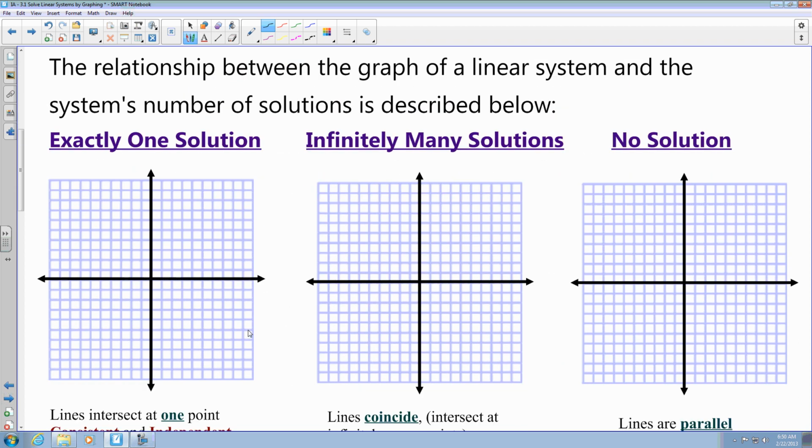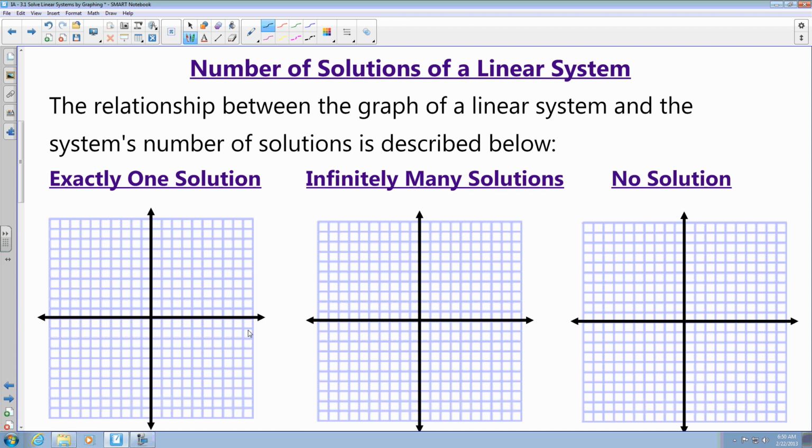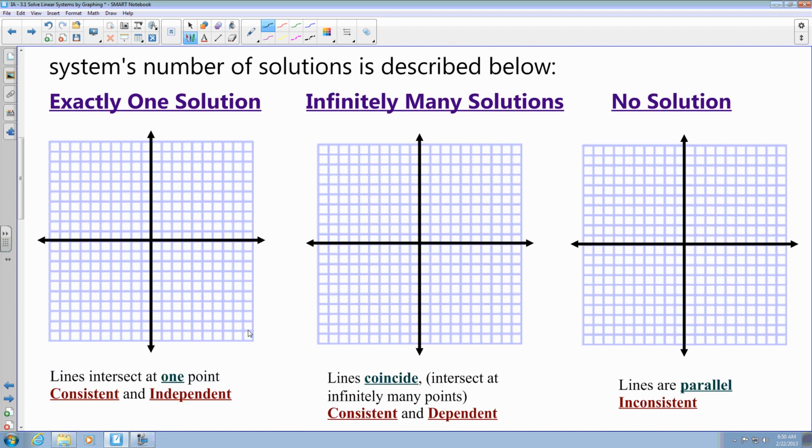So when you're looking at the relationships of these classifications, if you have exactly one solution, it looks something like this, where you have a line here, and then you have a line here, and then you have exactly one solution located here. If you have exactly one solution, those lines can be classified as a consistent and independent system.